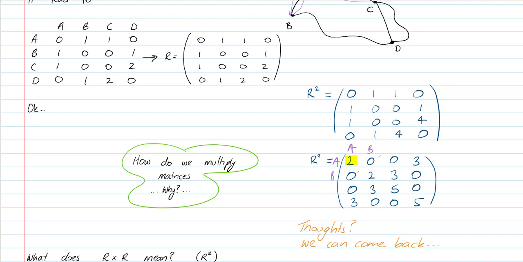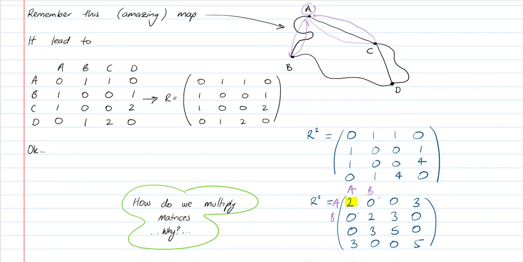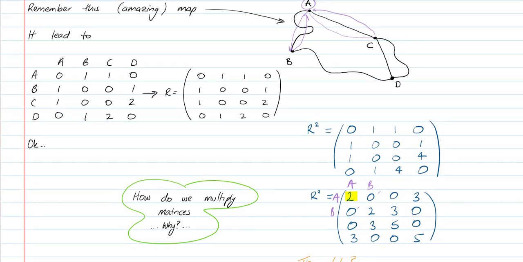There's no way of getting from A to B or B to A using just 2 roads, because B goes to A or D, but then I can't get from D to A or A to D in just one road. That's where you get your 0 from.